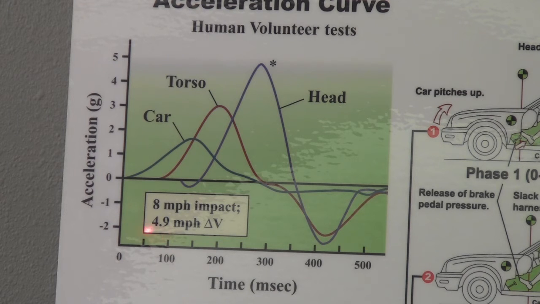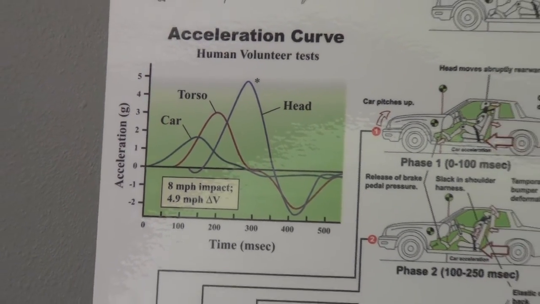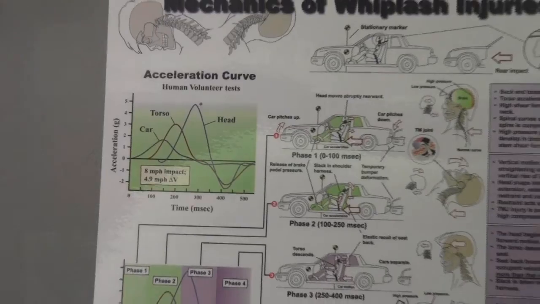So an 8-mile-an-hour accident actually causes 22 miles an hour impact on the head and neck. And that's why such low velocity can actually cause soft tissue injury to the occupant of the vehicle. And that's the mechanics of a whiplash injury.